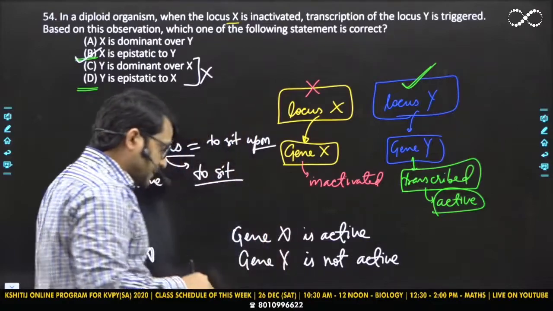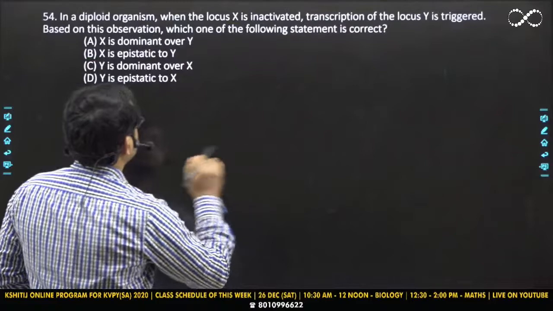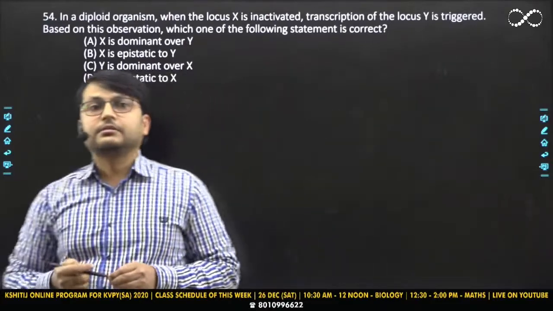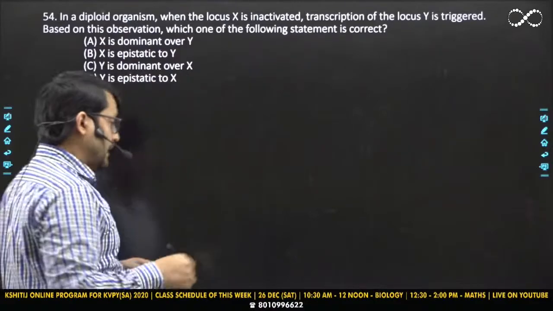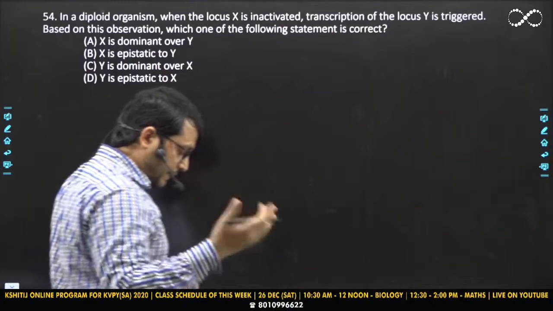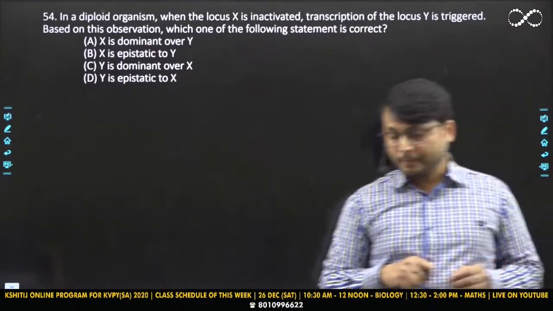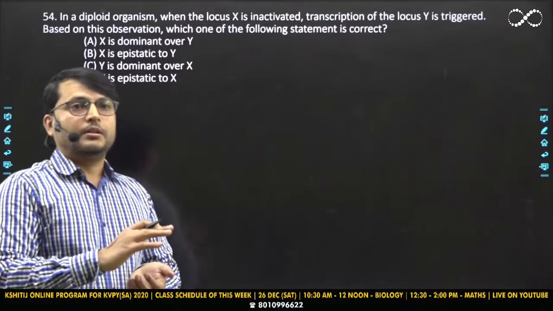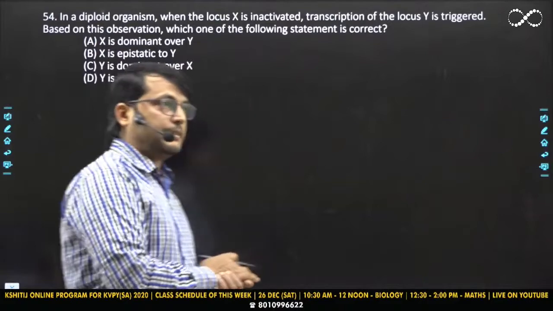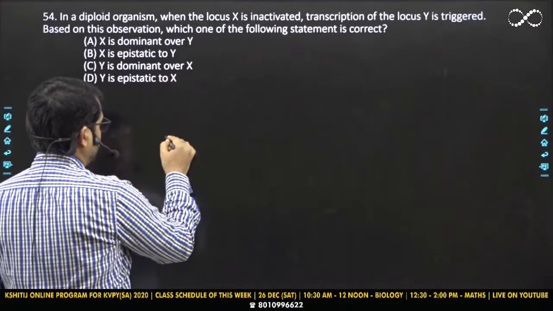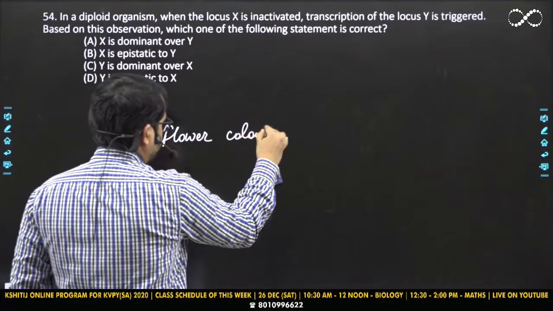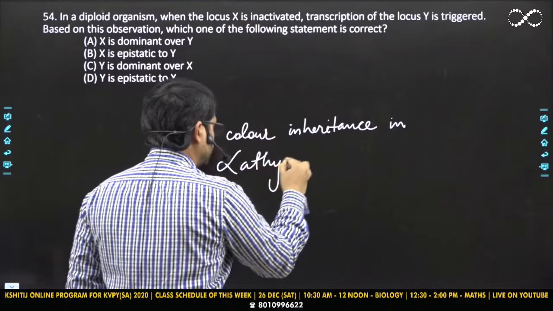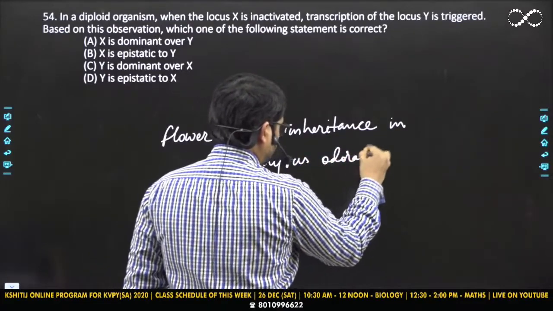Now, there is a peculiar case of epistasis that we have already studied in the flower color inheritance of Lathyrus odoratus. In the previous class, when we discussed the 2019 paper, I also discussed the whole mechanism of flower color inheritance in Lathyrus odoratus, which is a characteristic example of epistasis. So this is the case of flower color inheritance in Lathyrus odoratus.